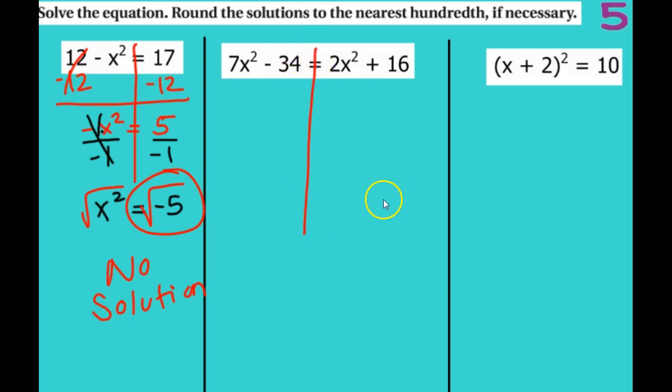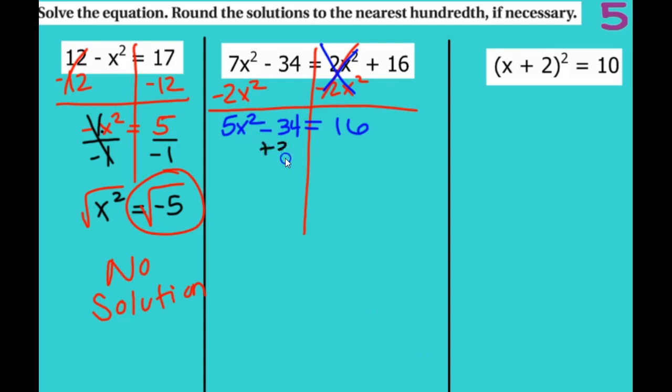Alright, next we want all the x's on the same side. I'm going to move this smaller one, subtract them over to be together on the same side. That way we don't have any negatives on there as well, so those are eliminated. We have now 5x squared minus 34 equal to 16.